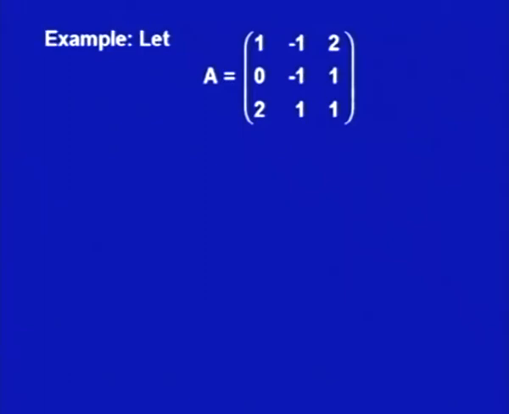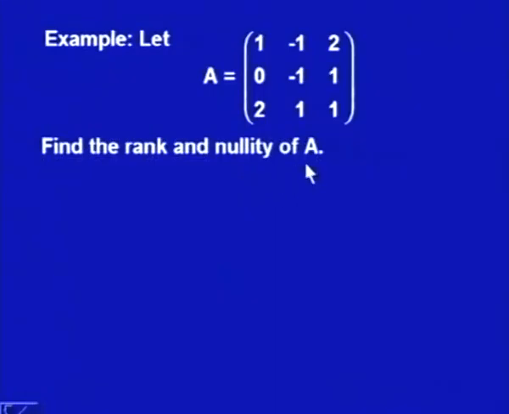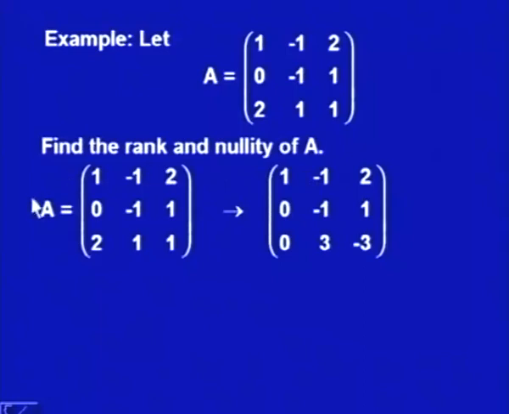Now, we will illustrate these concepts with the help of an example. So, let us have a 3 by 3 matrix A as this matrix. Then we have to find the rank and nullity of this matrix. So, I will start with the matrix A and try to reduce it into row echelon form. So, it is 1 minus 1 2, 0 minus 1 1, 2 1 and 1. I try to make this 0.